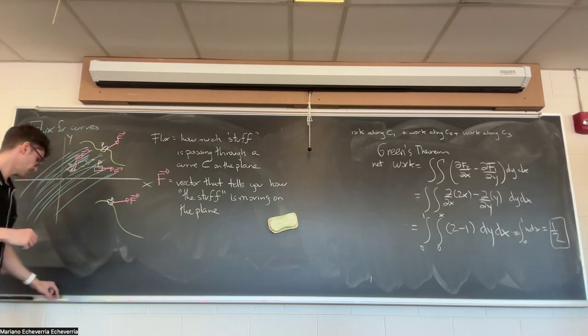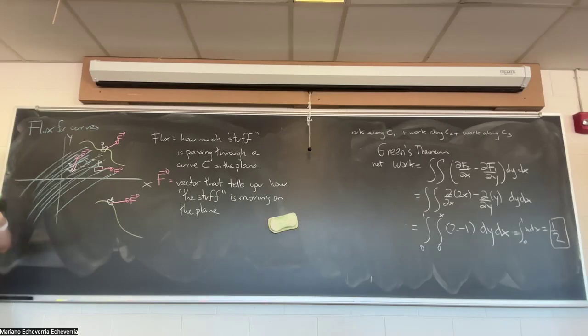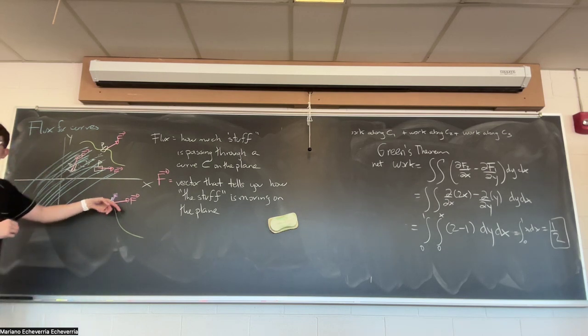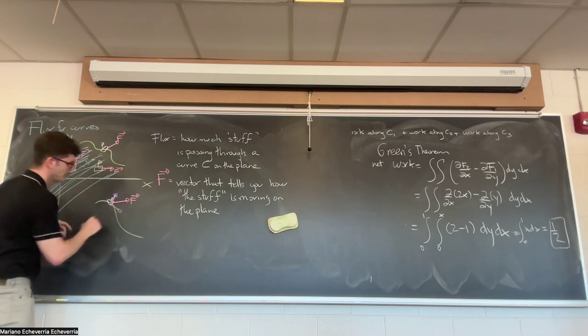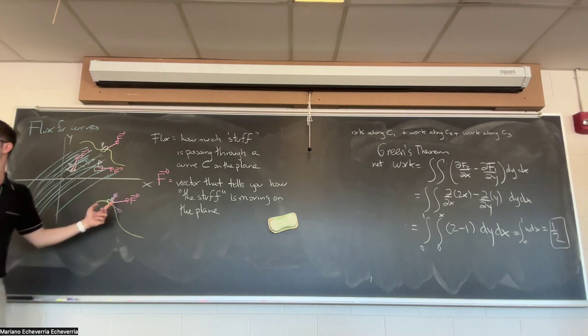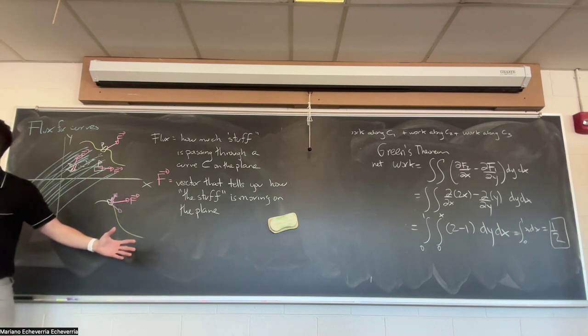So this vector can be broken into two pieces. One that is perpendicular to the curve and the other that's tangent to the curve, right? Of these two pieces, the one that's responsible for you moving through the curve is the perpendicular one, because the tangent one is just literally moving you along the curve, if that makes sense.